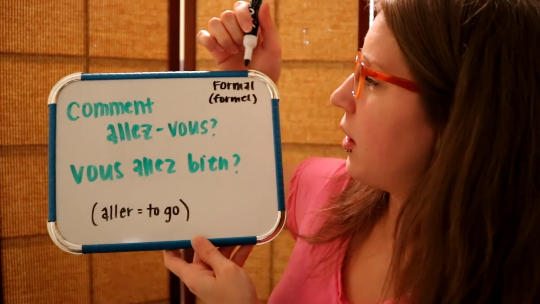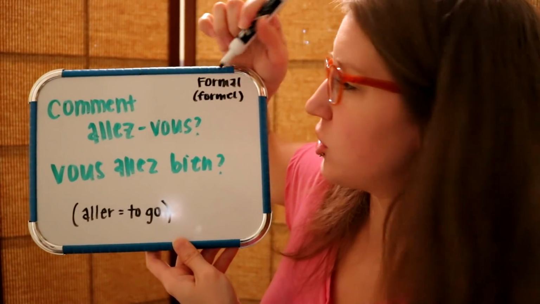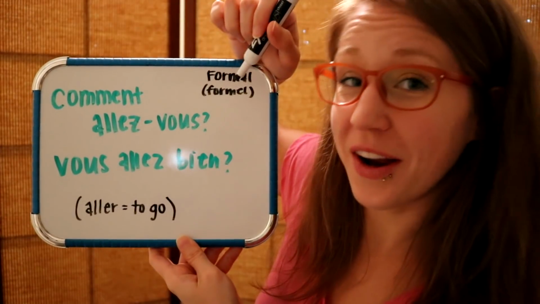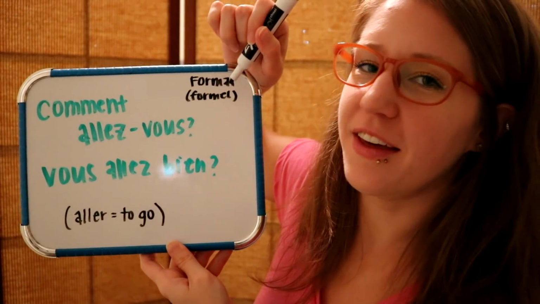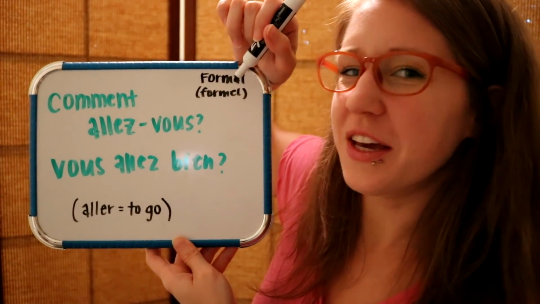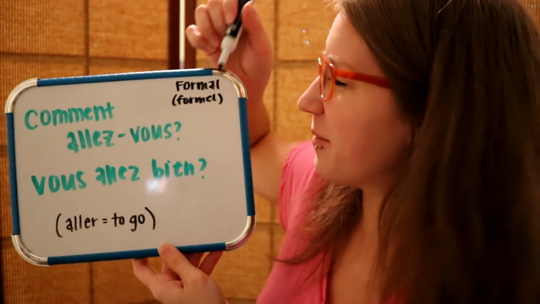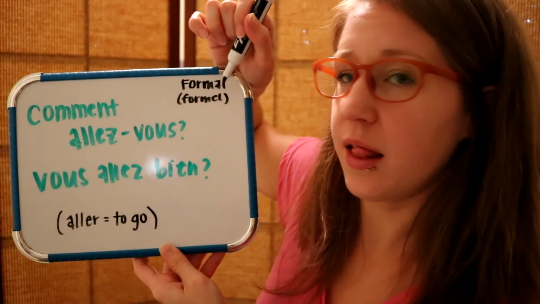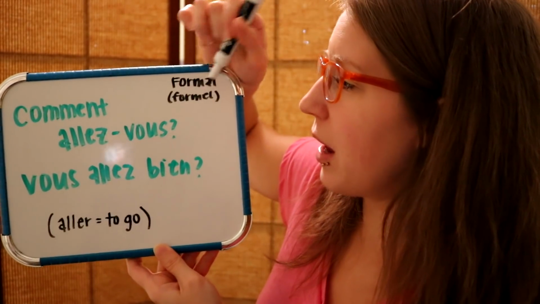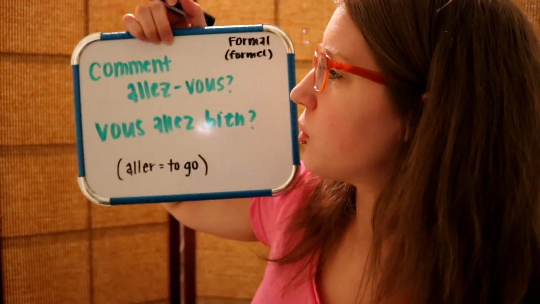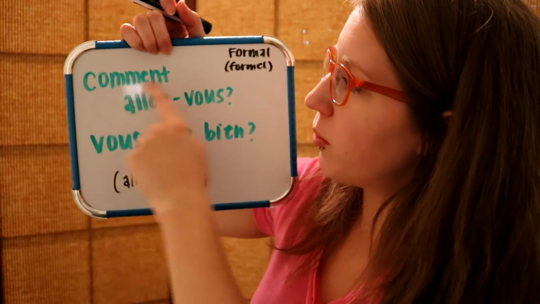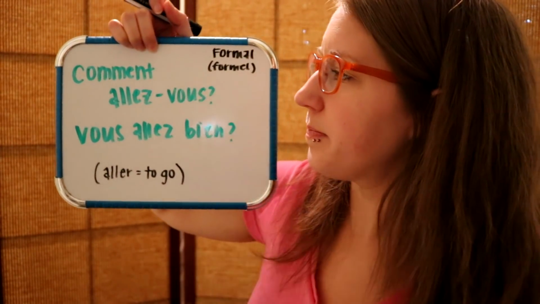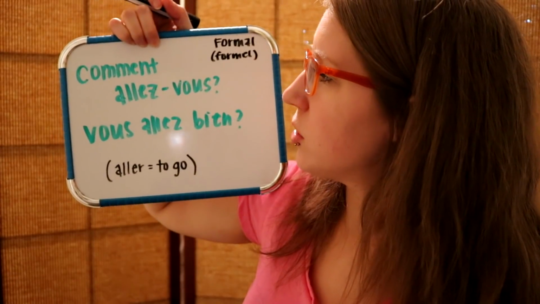So this is the formal, formel. I'll start writing it the way that they spell it in French so we can get more accustomed. F-O-R-M-E-L, formel. So here we have comment allez-vous?